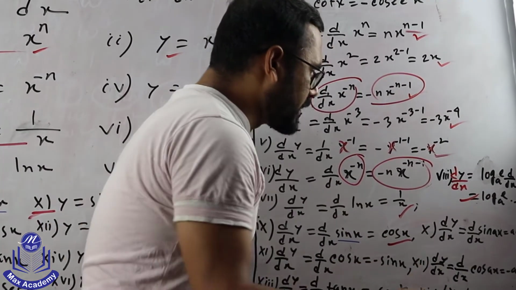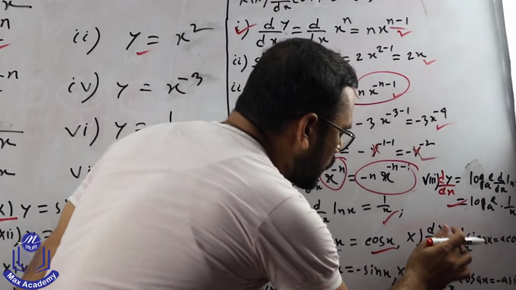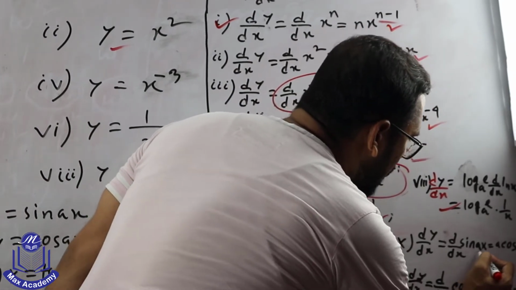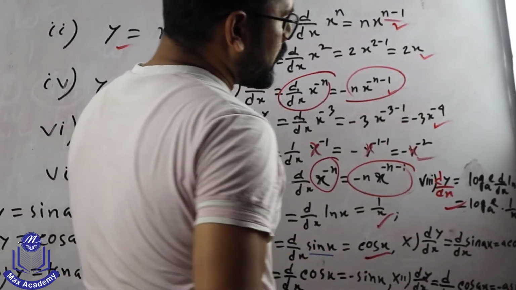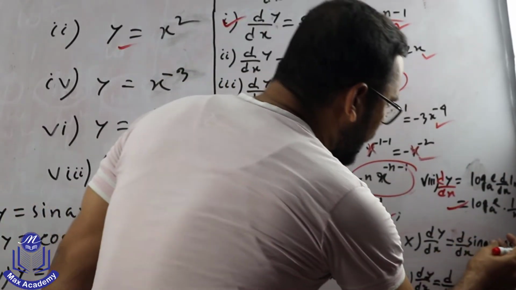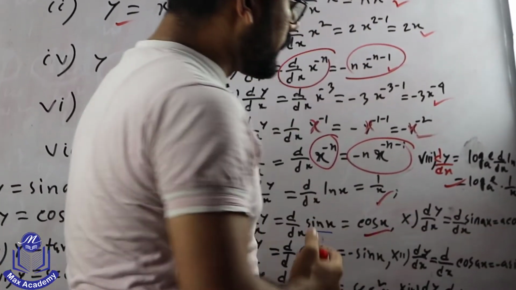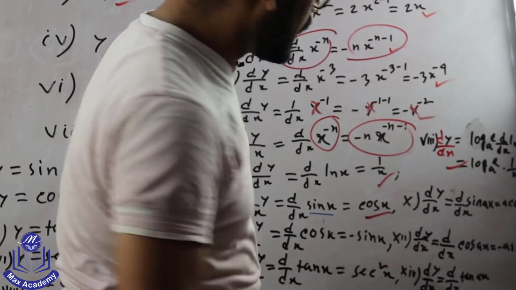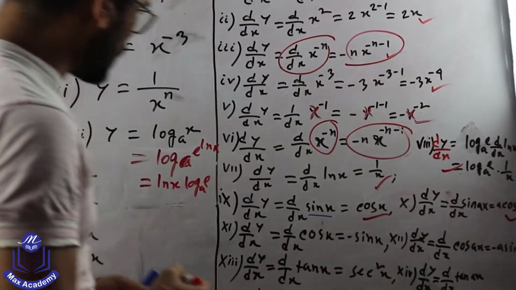So we need to differentiate sin ax. Here a is a constant term, so you can take this constant out first and differentiate sin ax. The derivative of sin ax will be a cos ax, and that is the solution.